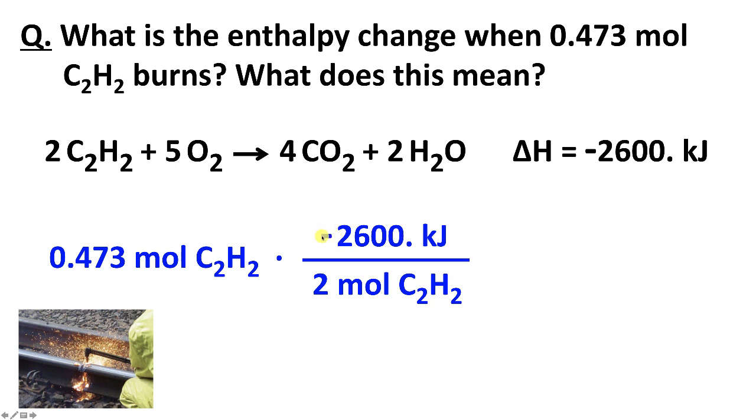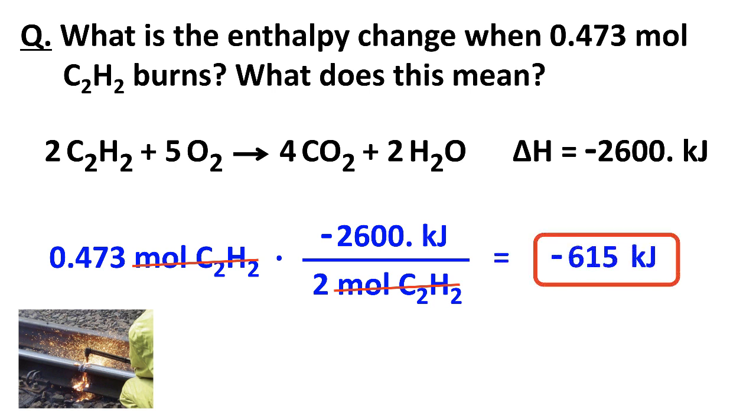We put a negative sign on the enthalpy change because energy is given off. Then note this conversion factor converts from moles of acetylene into kilojoules of energy. If we do the calculation, we get negative 615 kilojoules for the enthalpy change.